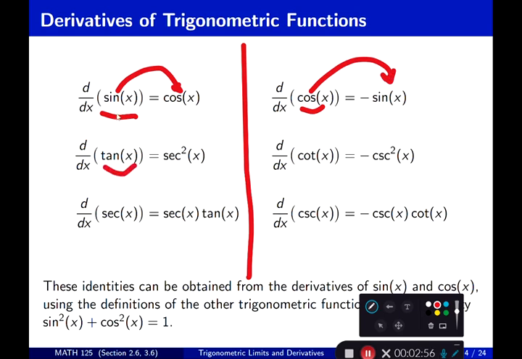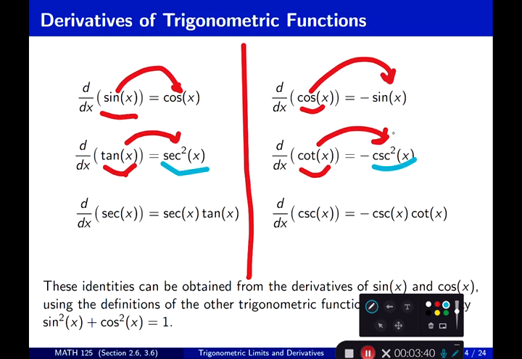Derivative of tangent of x is secant squared of x, and derivative of cotangent of x, which is the sister, the co-function of tangent of x, is negative cosecant squared of x.